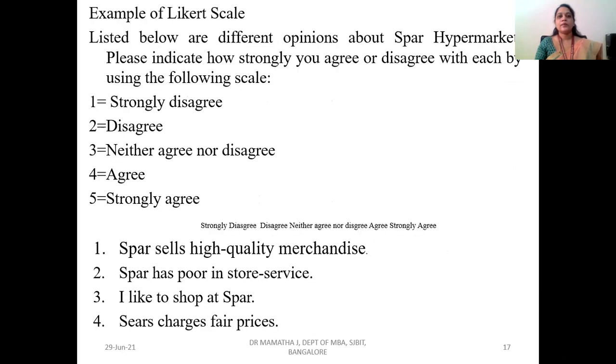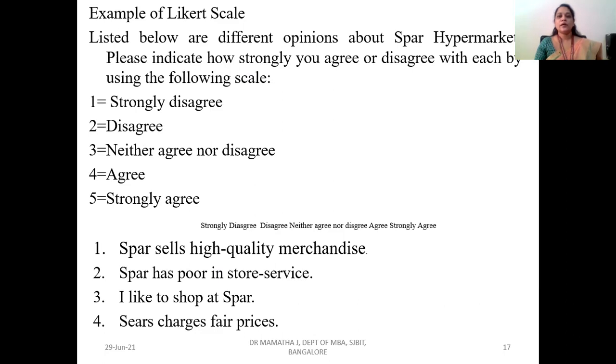For example, here in the slide you can see, if you are asking opinions about Spar hypermarket, you ask the respondents to indicate how strongly they agree or disagree with each of the following statements. The scale is from 1 to 5, so this is called a 5-point scale. 1 stands for strongly disagree, 2 for disagree, 3 for neither agree nor disagree, 4 for agree, and 5 for strongly agree.